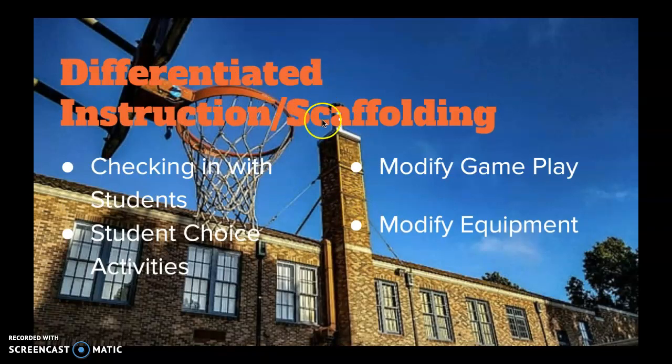Differentiate instruction and scaffolding. The way that I do this the most is checking in with students, the students that need a little bit more guidance and support. After I've gone over the activities and sent the students out to be active and do different activities for the day, I always want to make sure that I check in with the certain students that I know need a little bit extra guidance and support.